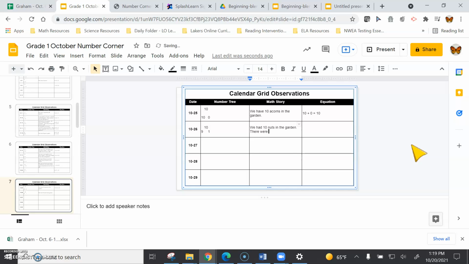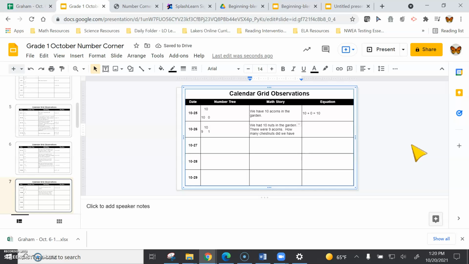There were 9 acorns. How many chestnuts did we have?